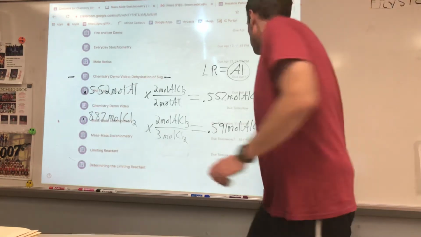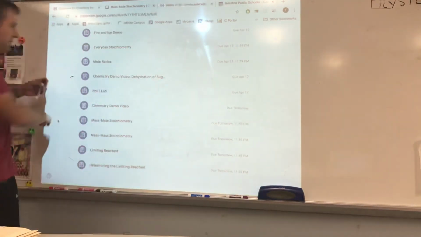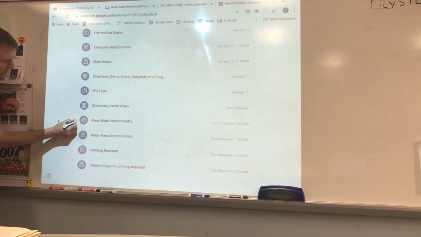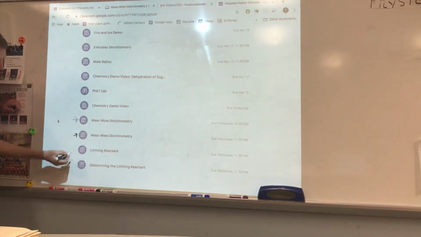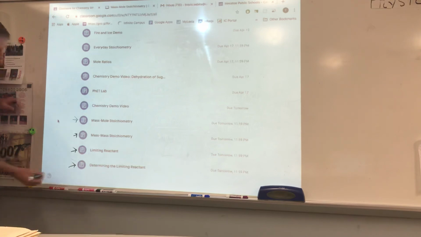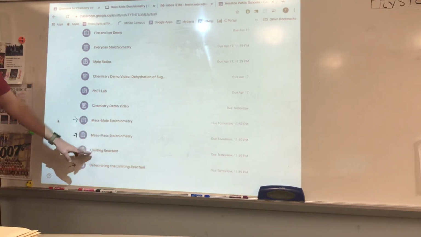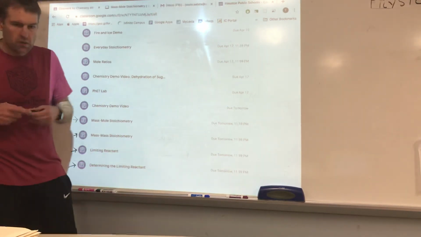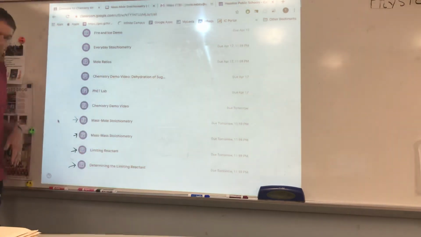Okay, so the order that would probably make the most sense is mass to mole, mass to mass, limiting reactant, and then determining the limiting reactant. So that would be kind of the order you want to go in.